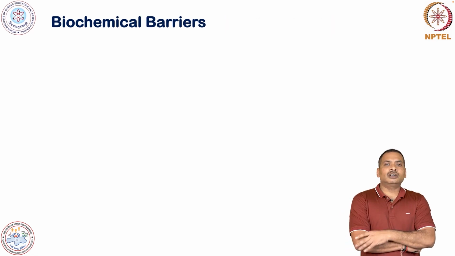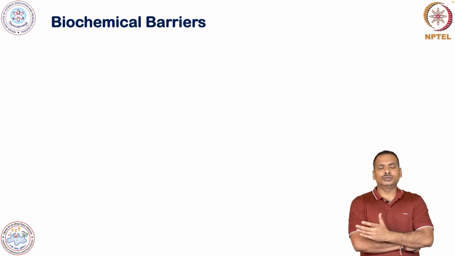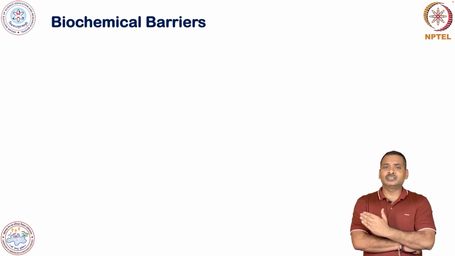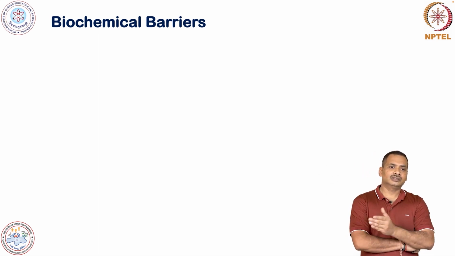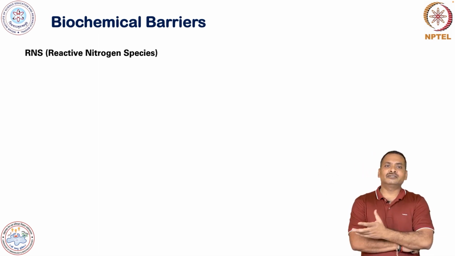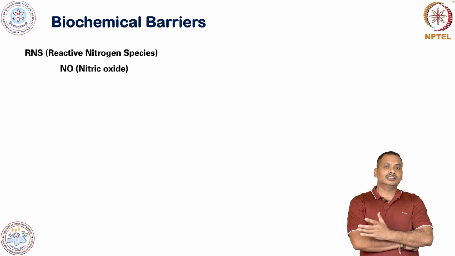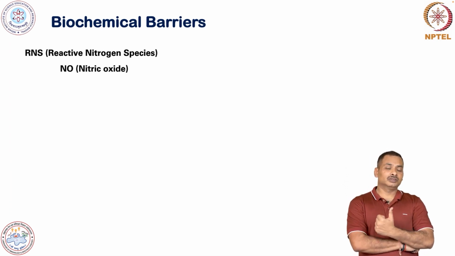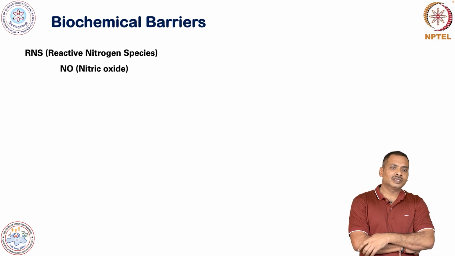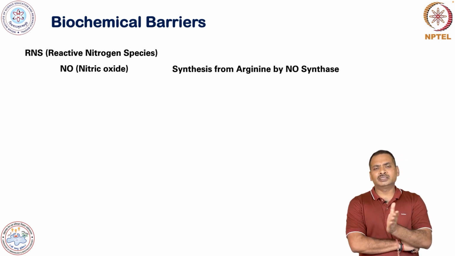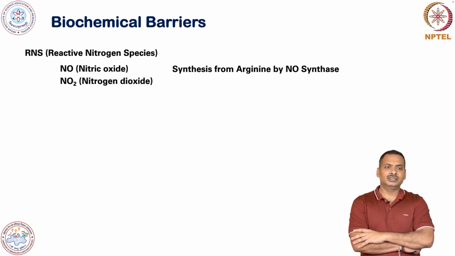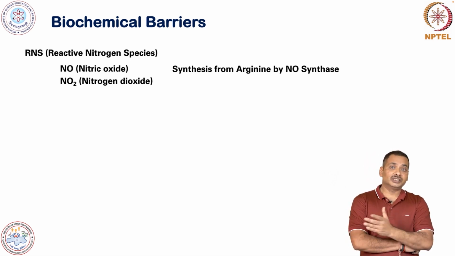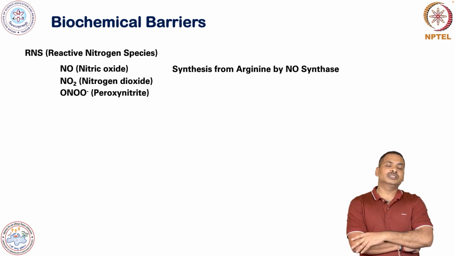Now I will talk about a few more biochemical barriers, which I have discussed at great length in neutrophils, so I will just quickly move on to this slide. There are reactive nitrogen species. Nitric oxide is produced in the cell, synthesized by nitric oxide synthase using arginine, and there are nitrogen dioxide and peroxynitrite.